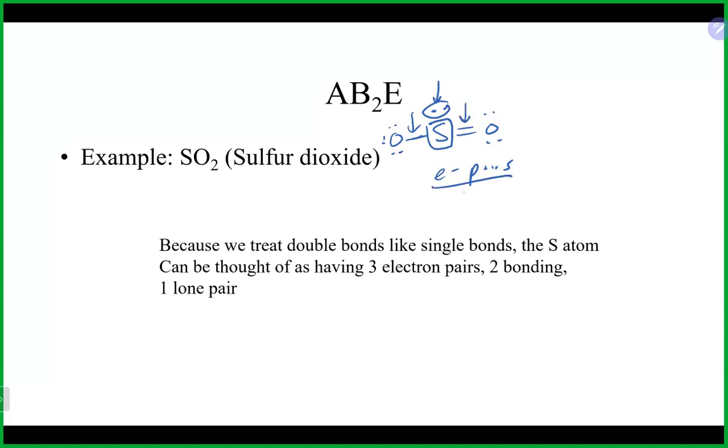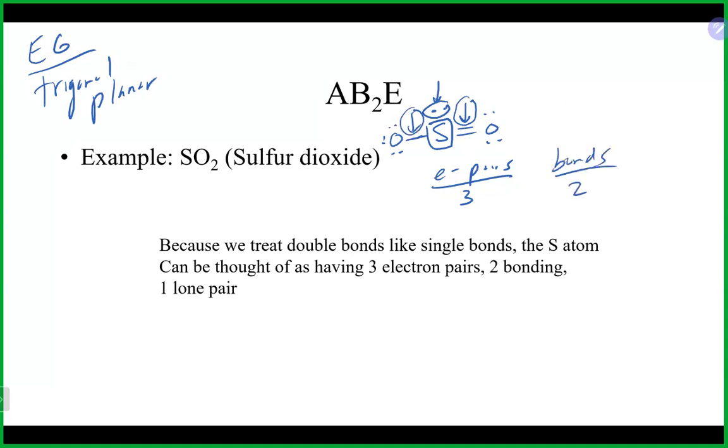So there are 3 electron pairs. The electron pair geometry name does not change. So earlier we saw something with 3 electron pairs. That is a trigonal planar geometry.